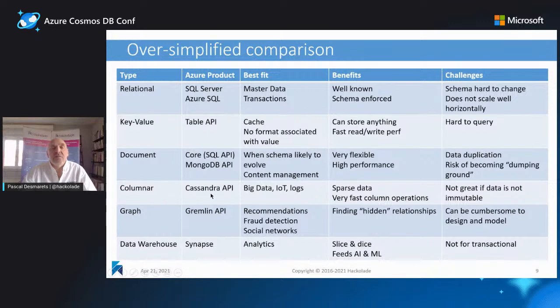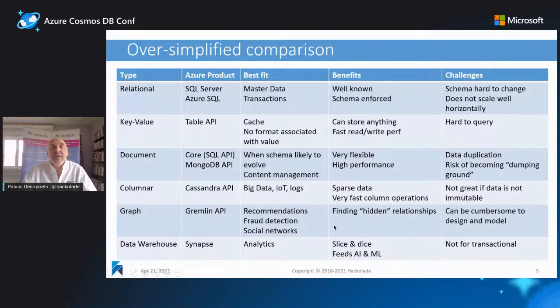Columnar databases, served by the Cassandra API, are really great for sparse data, and they have very fast column operations. But they're really not ideal if your data is not immutable. Graph databases are a separate family.